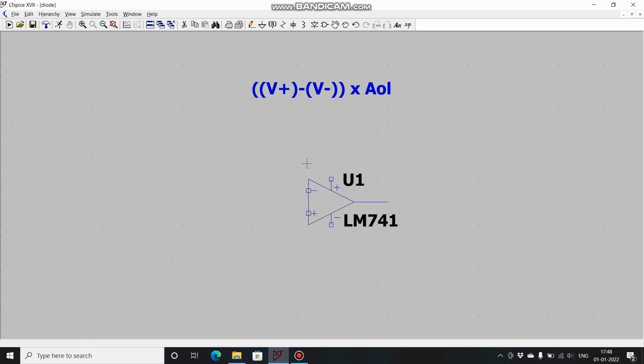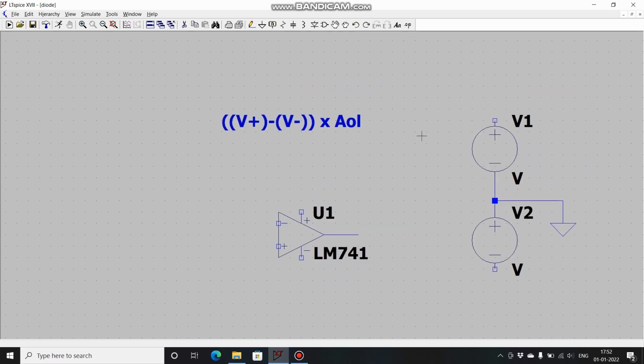The first thing that is important is we have to give plus 15 and minus 15 to this IC in order to operate. So we will take the voltage source, placing it, then use a wire to connect them. There will be a common ground, and it will be connected over here. So I will have to set this voltage.